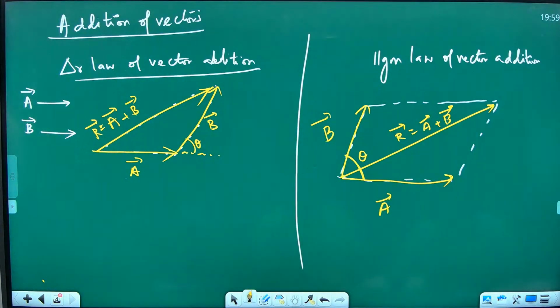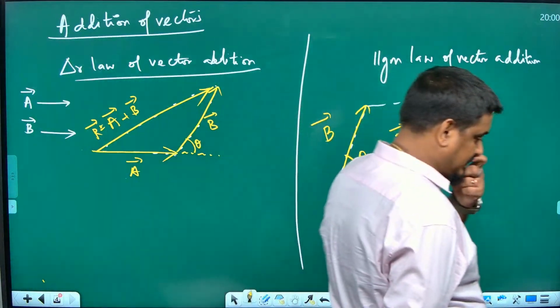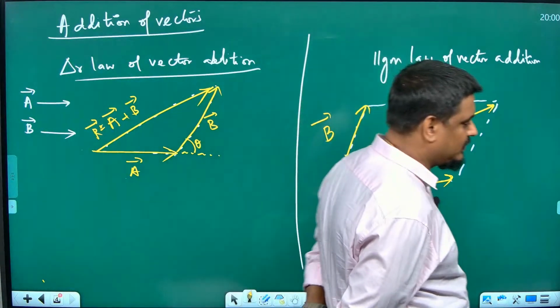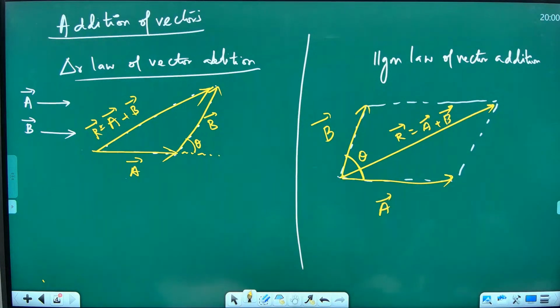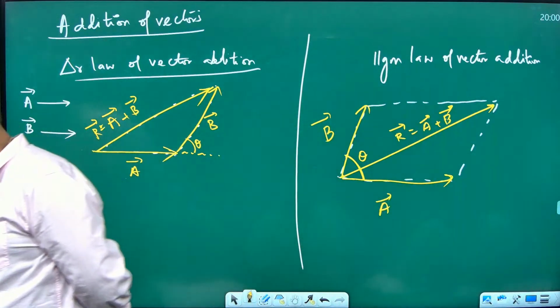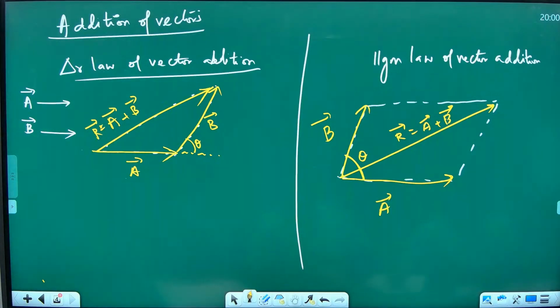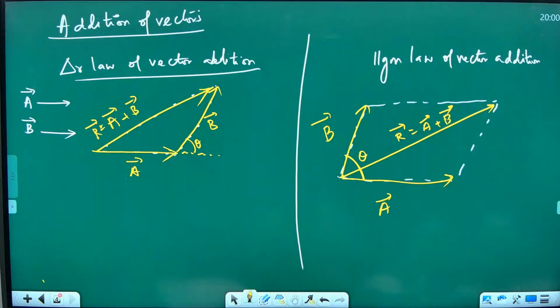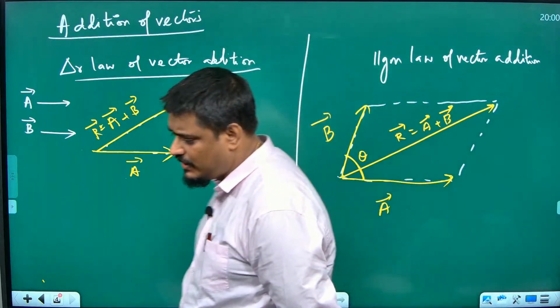The two vectors that have to be added are kept on two adjacent sides of a parallelogram, in such a way that their heads or tails are starting from the same point.